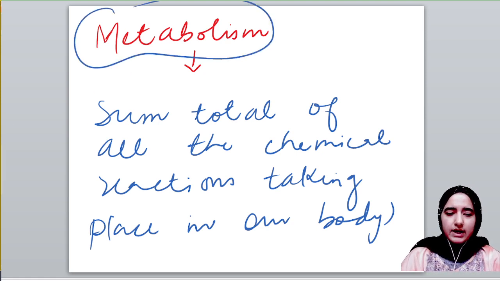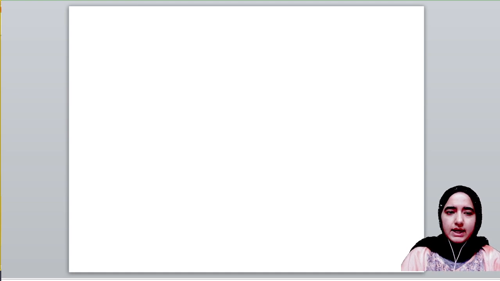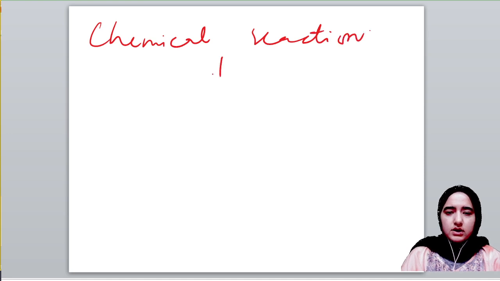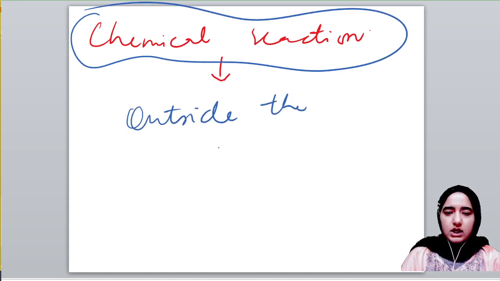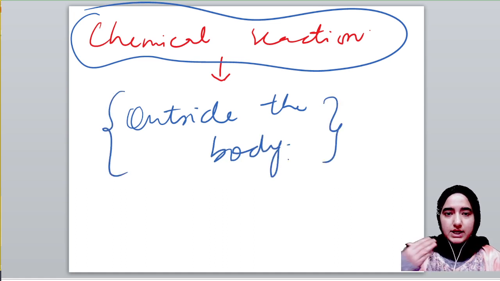But here we have an exception: we can do chemical reactions outside the body. As you might have seen in chemistry laboratories, we pursue chemical reactions there outside the body. Can't we say that metabolism is also occurring outside the body, right?